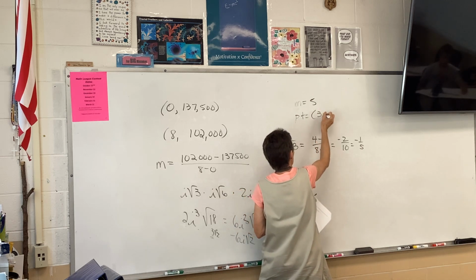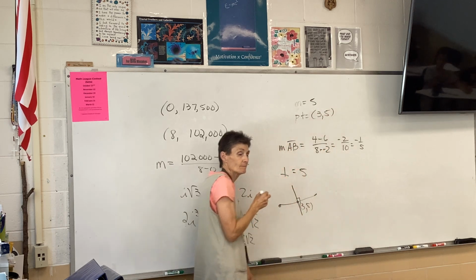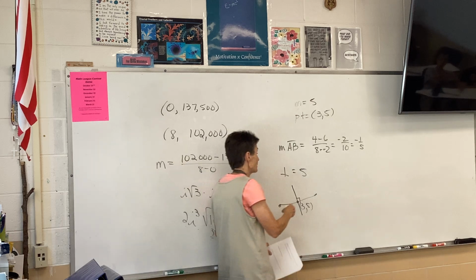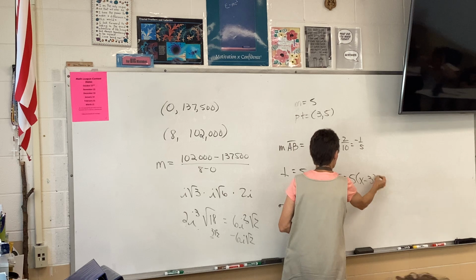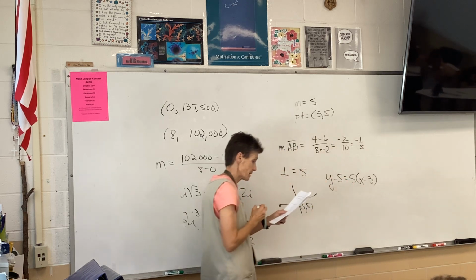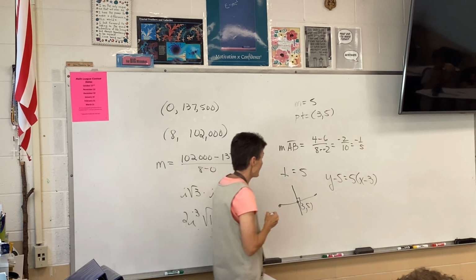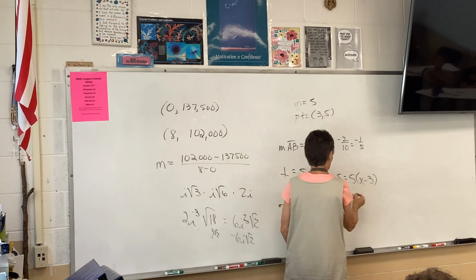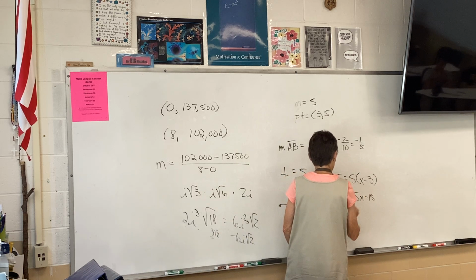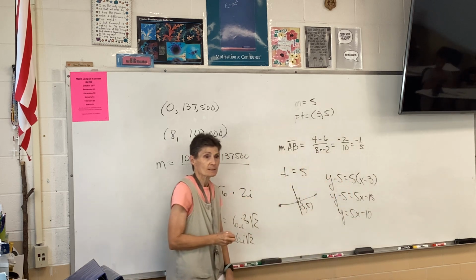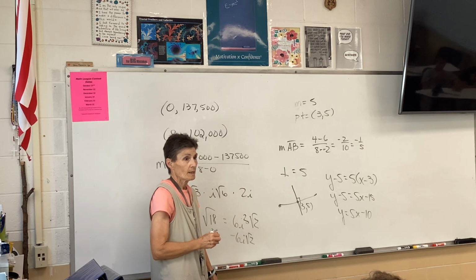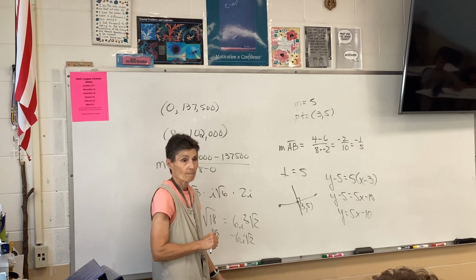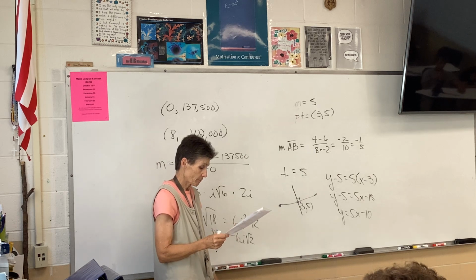So my midpoint is 3, 5. And then I write my equation. So y minus 5 equals 5 times x minus 3 would be my point slope form. If I needed slope intercept, I got 5x minus 10 for my slope intercept. Okay, a lot going on there. All right, what else?